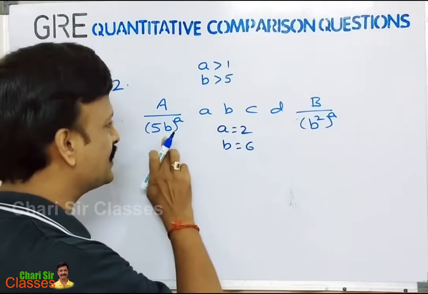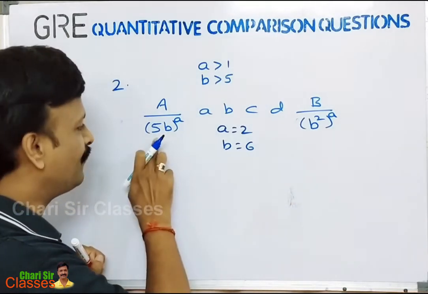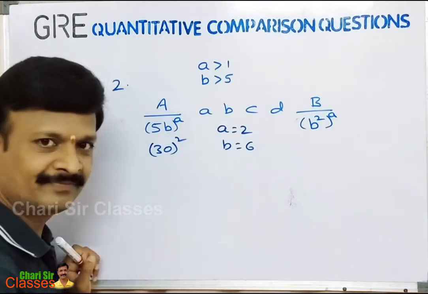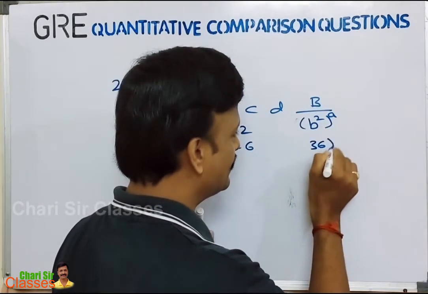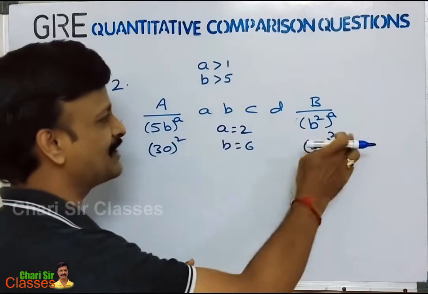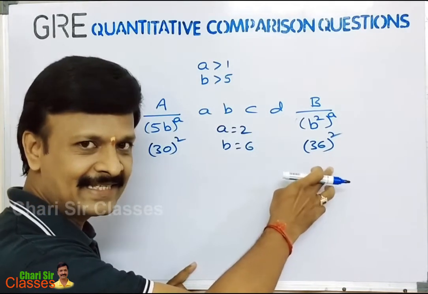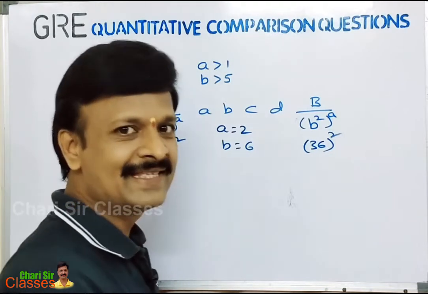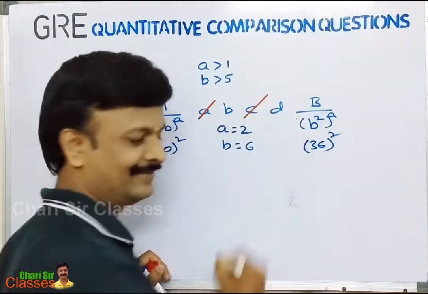We substitute just these two values in quantity A and quantity B. Quantity A: 5 into 6 is 30, whole to the power of 2. Quantity B: 6 square is 36, whole to the power of 2. Now you can see the powers are equal, so you compare the bases 30 and 36. 36 is definitely greater, so quantity B is greater.